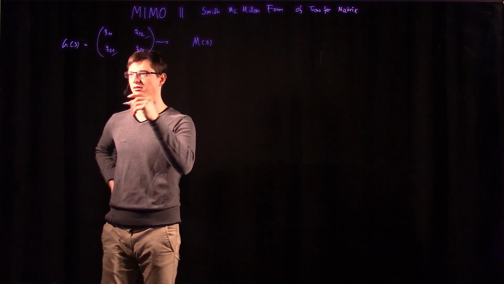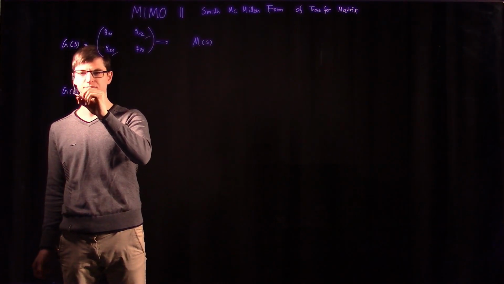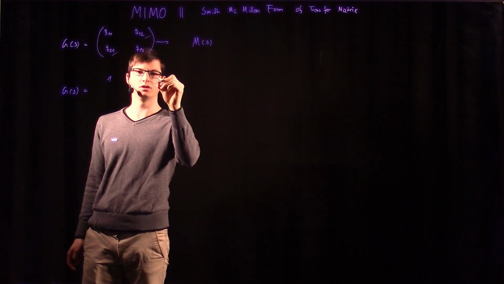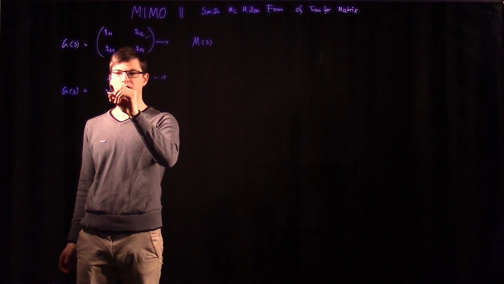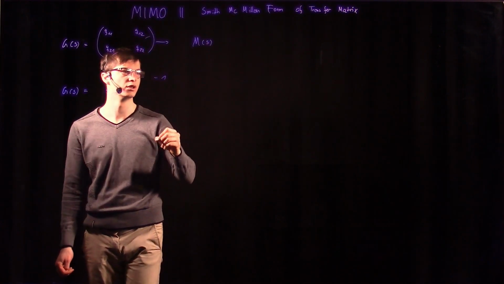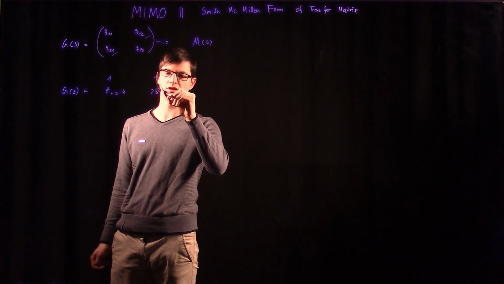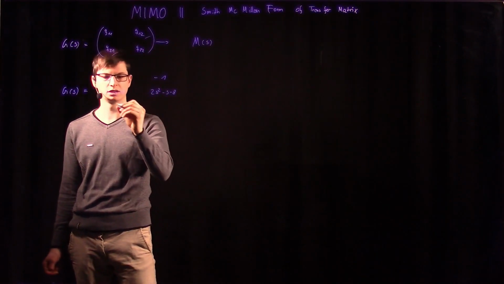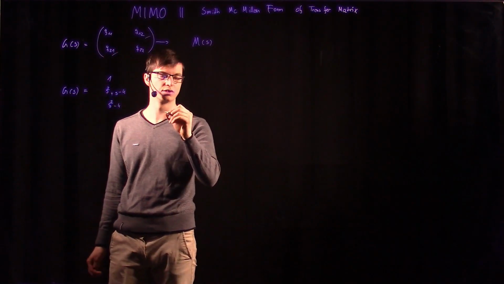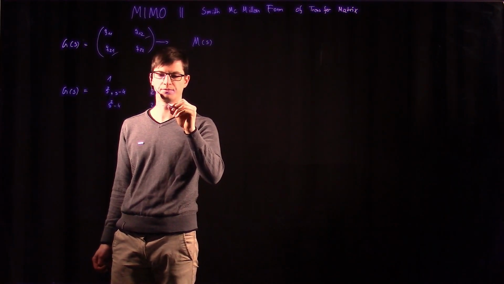First we just imagine a transfer function matrix G(s), and let that be: 1, minus 1; s squared plus s minus 4, and 2s squared minus s minus 8; and s squared minus 4, 2s squared minus 8.